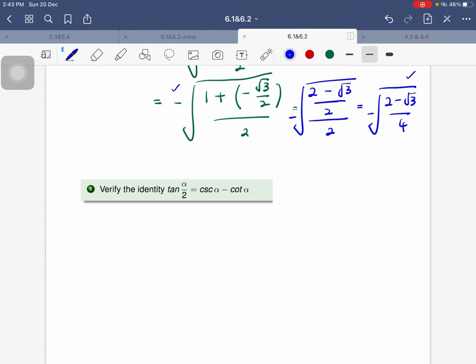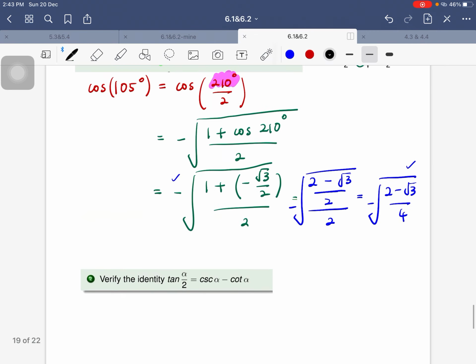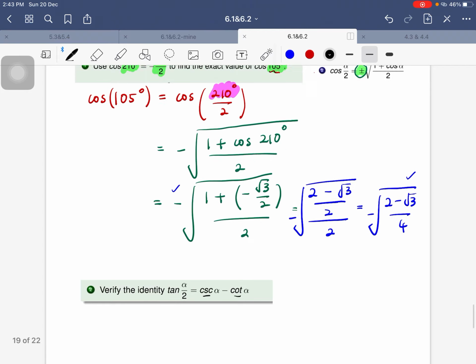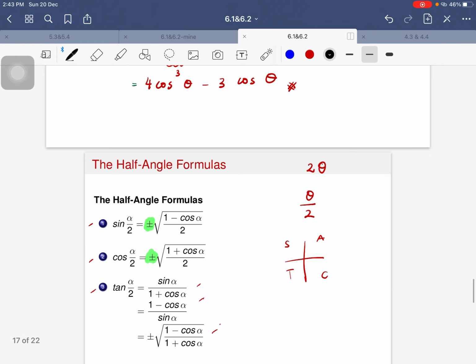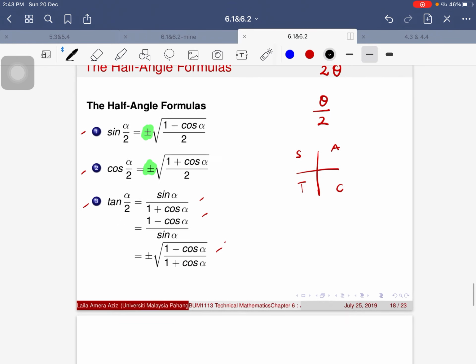So next I'm going to verify the identity of tangent alpha over 2. It should be equal to cosecant alpha minus cotangent of alpha. I think this should be a very simple one as long as you know which formula to pick. Because of this cosecant, I'm going to have something related to sine, and this is going to be something related to sine and also cos.